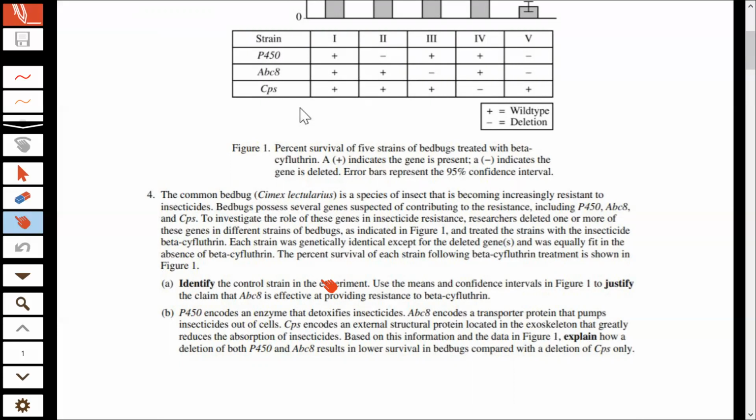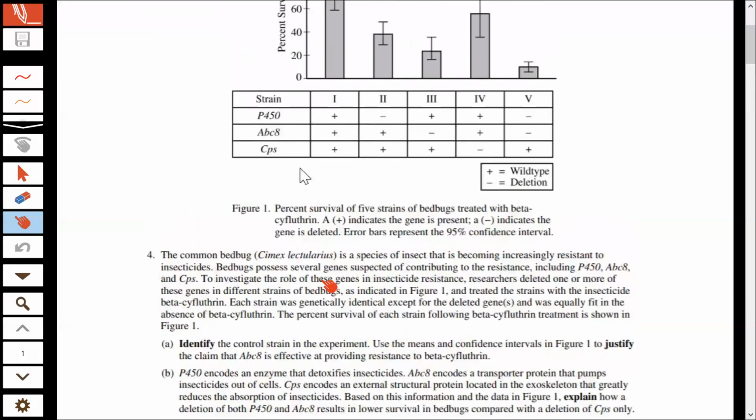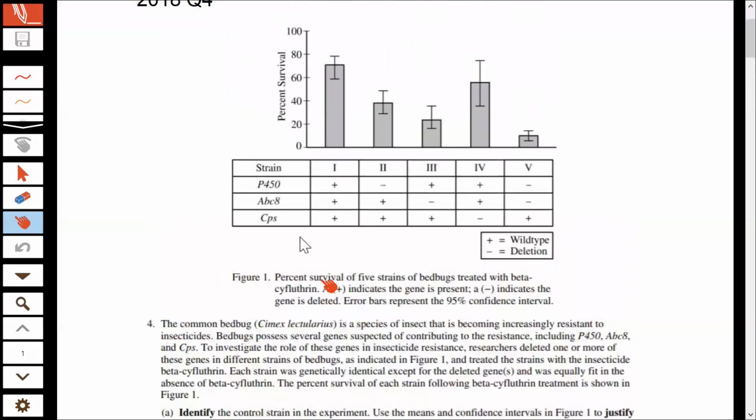Based on this information and the data in Figure 1, explain how a deletion of both P450 and ABC8 results in lower survival in bed bugs compared with the deletion of CPS only, right? So, the first thing that we can notice is group 4, right, is definitely very different from group 5.